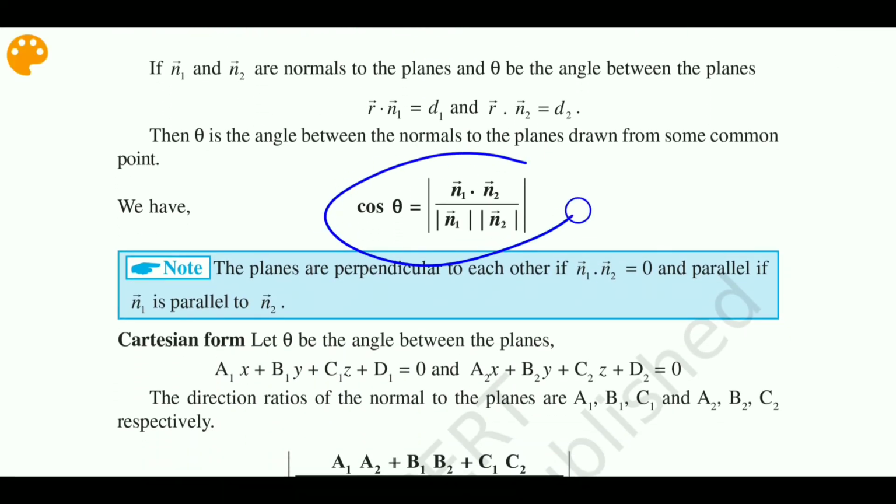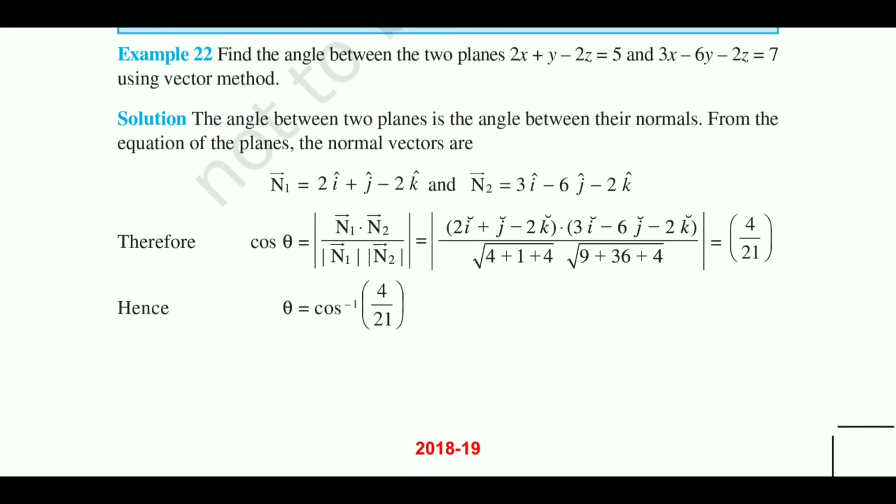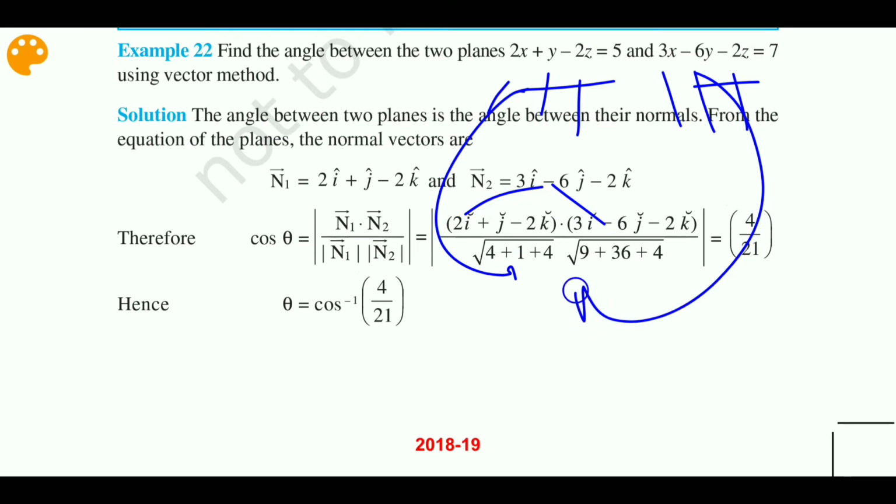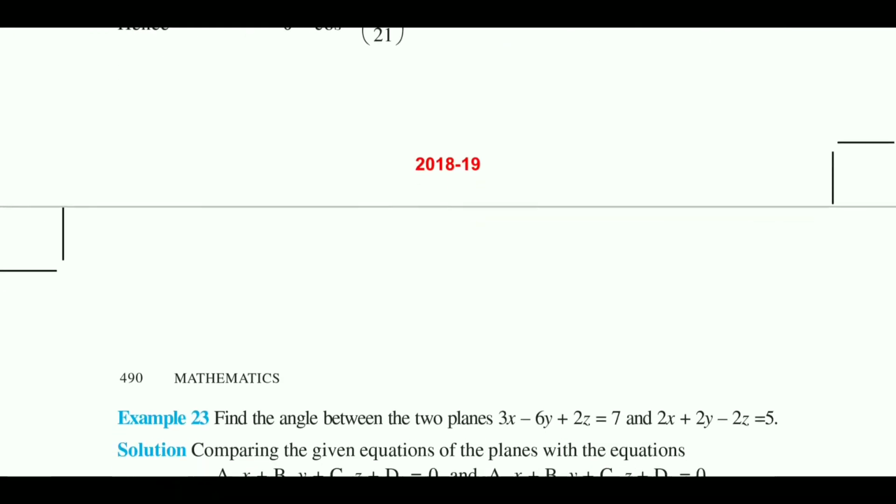Cos theta will be n1 dot n2 divided by the magnitude of n1 times the magnitude of n2. Here we have to find the angle between these two planes. The direction ratios are 2 1 -2 and 3 -6 -2. Again, just do the dot product and divide it by their individual magnitudes, and from there you get the value of theta.